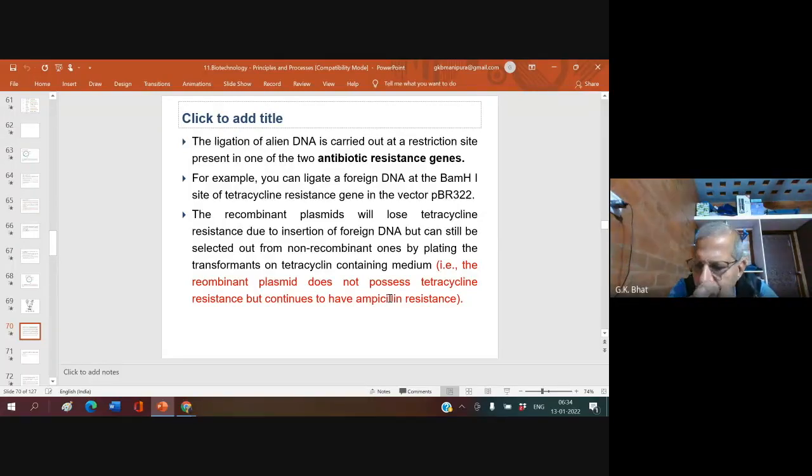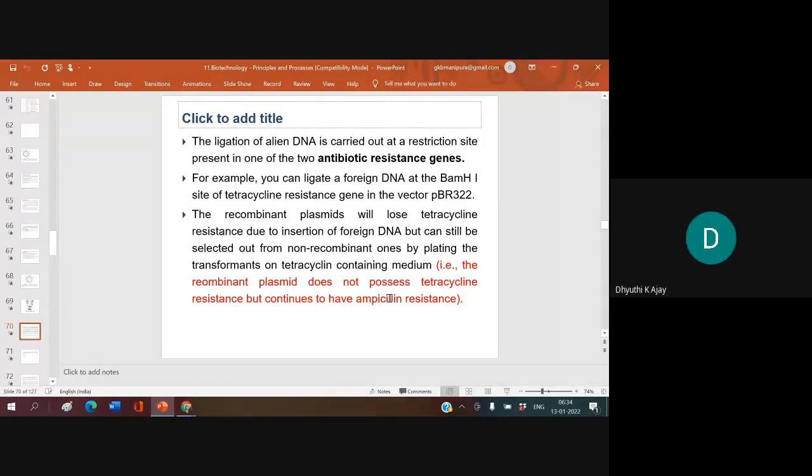What do you mean by that? Some bacteria have the recombinant plasmid, some bacteria are without recombinant plasmid. So, which one will survive in ampicillin medium? Whether all bacteria survive in ampicillin medium?